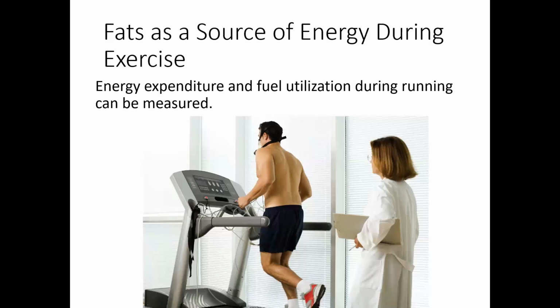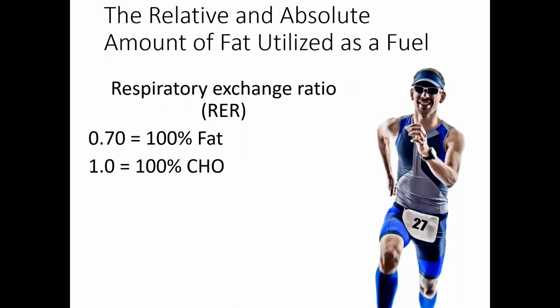And in this section, we're looking at something called the respiratory exchange ratio. If you've been in the lab, you've seen these numbers. I'm not going to spend a whole lot of time on this, but you can measure your gas exchange through this indirect calorimeter, or metabolic cart as we call it. If you get an RER of 0.7, that means you're burning 100% fat.